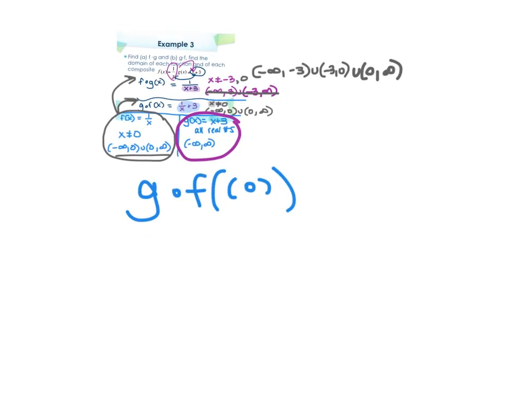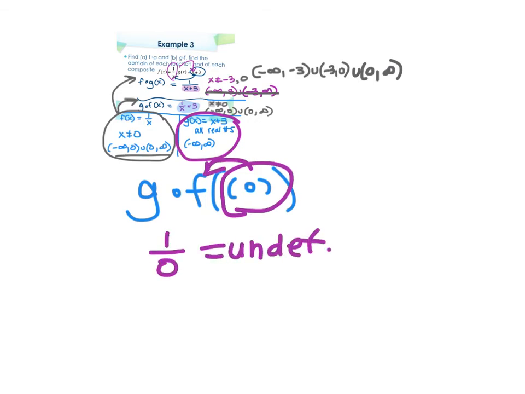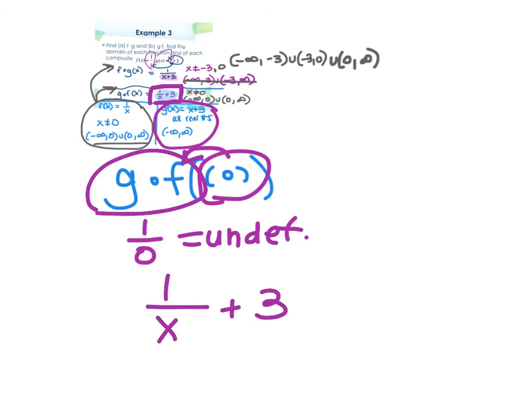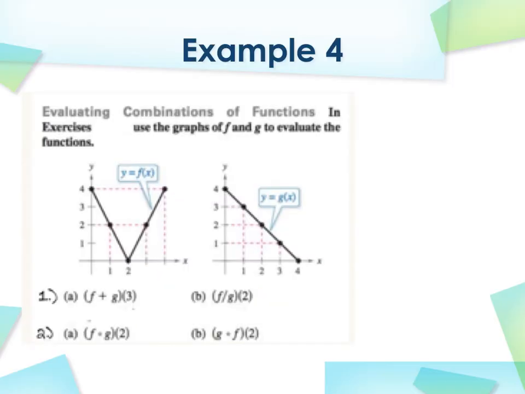So if I take the 0 and plug it into the f, I get undefined from the beginning. The other way to do it is to find out what g of f is, which is what we did here, and then plug the 0 in, and either way you get undefined. So it has to carry down. If you have a domain restriction for one, it has to carry down into the other one. Does that make sense? Yeah, okay.